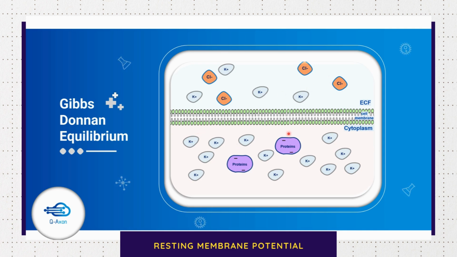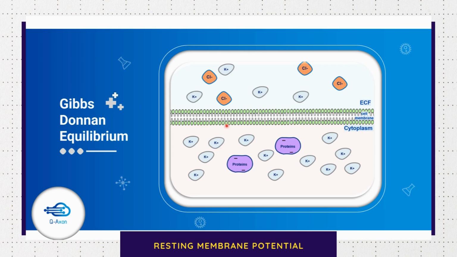Similarly, inside the membrane there are potassium ions and negatively charged proteins, and again the positivity of the potassium ions is neutralized by the negativity of the proteins. So basically both the solutions, outside and inside the membrane, are in an electroneutral condition. The positive charges are neutralized by the negative charges.